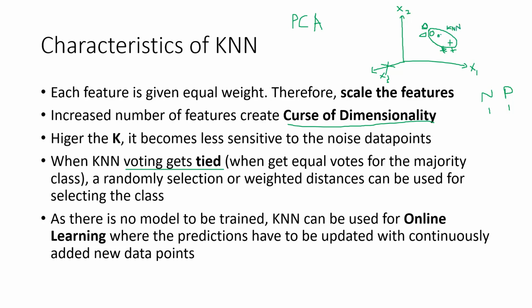But this data point is much closer, so although these two data points are pointing to different classes and the vote is equal, because this data point is nearby, we take the class of this data point as the class for this particular data point for our prediction, right? So this is based on the weighted distance.